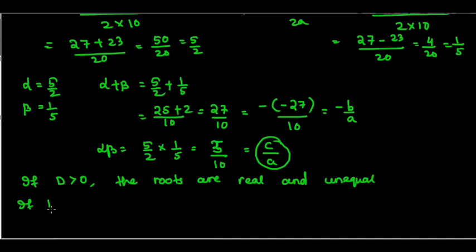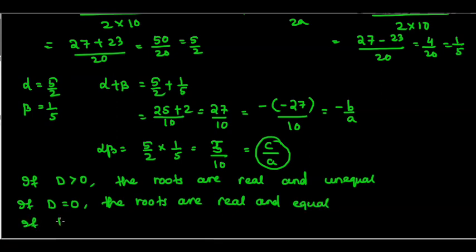But if D is equal to 0, then the roots are real and equal. But if the discriminant is negative, if it is less than 0, then the roots are imaginary. So you have to remember these points about the quadratic equation.